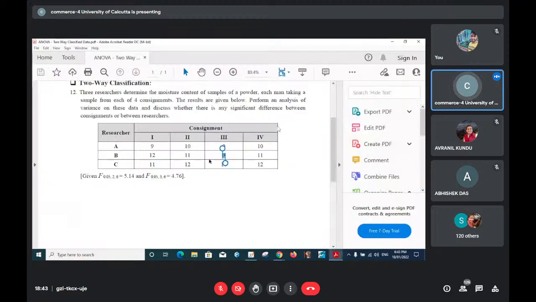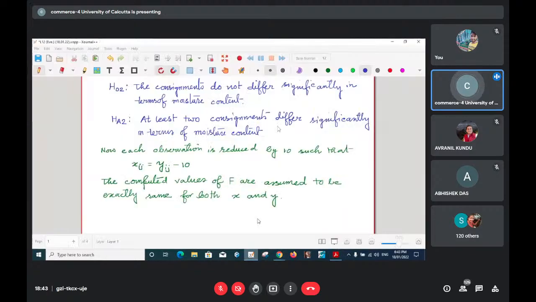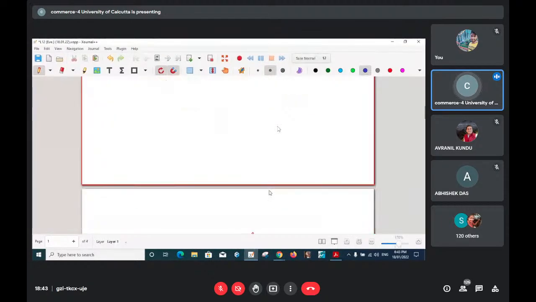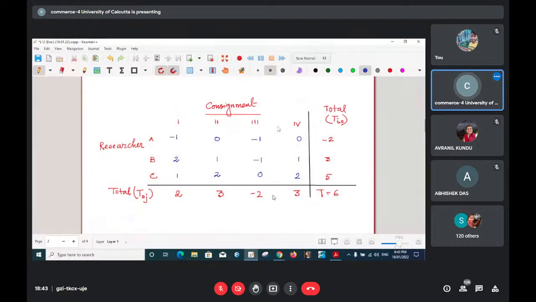Yij values are given here, all these are Yij values, but I am converting them to Xij. What is Xij? Yij minus 10. The reduced matrix now becomes this. I think you can do it, I have already mentioned. You can copy it.